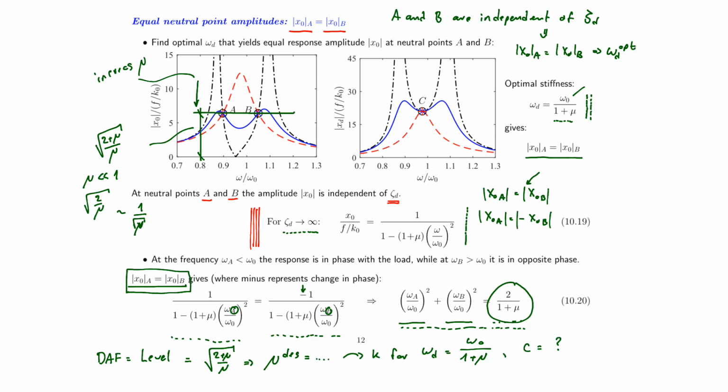Now, if you look at the upper left figure, it's nice to have the same amplitude in A and B. But for the black curves, we have large amplitudes at the two original resonant peaks. And for the red curve, we have a very large amplitude at omega 0. So the black curve was for 0 damping, the red curve was for 30% damping. But look at the blue curve. The blue curve was for 10% damping.